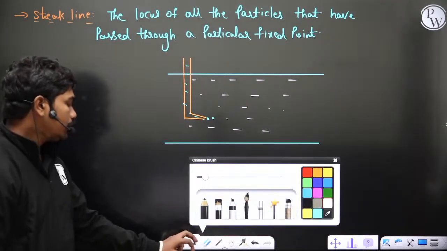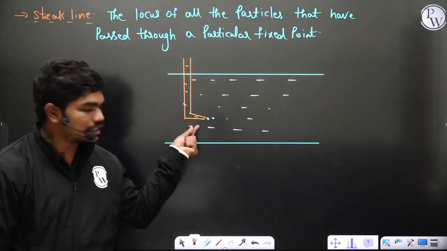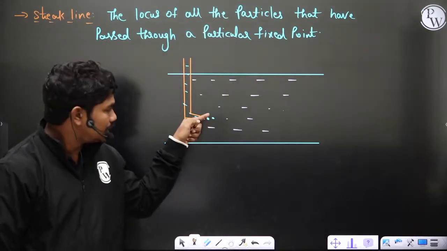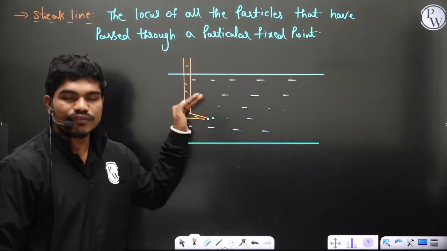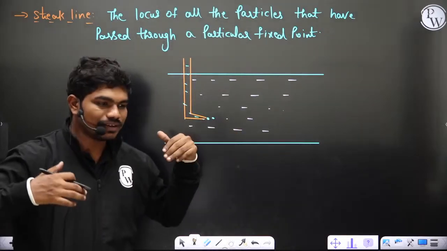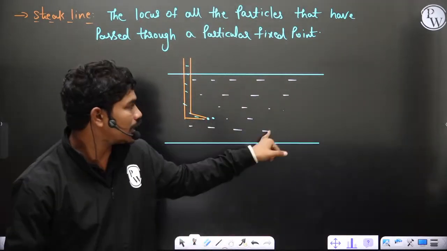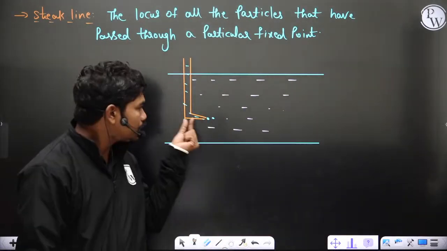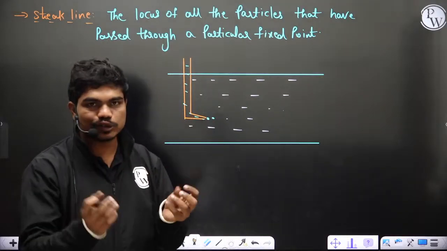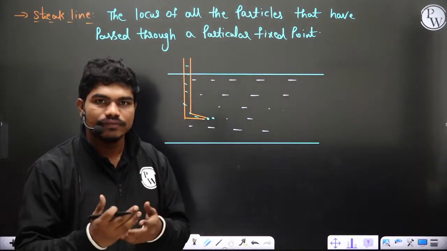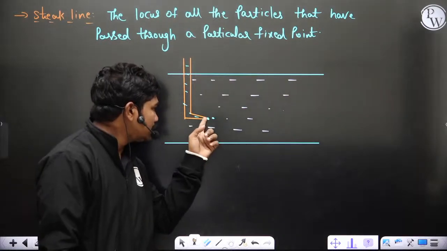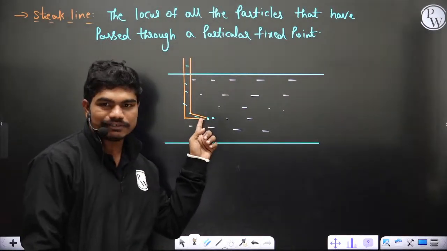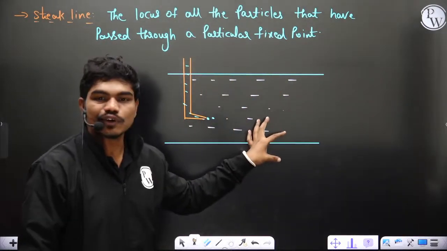Now tell me one thing, whenever these dye particles come out of this injector, these particles will get into the flow, and will flow in the same way as these fluid particles are flowing. Yes or no? Because if I make the properties very close, that density is almost matchable, viscosity, all these things approximately the same, then the movement of these dye particles will be same as the movement of these fluid particles.